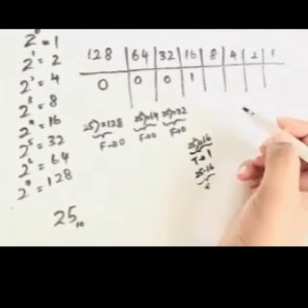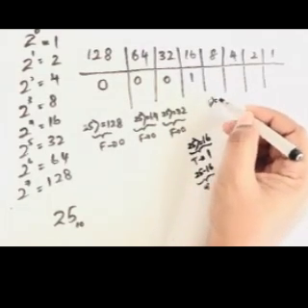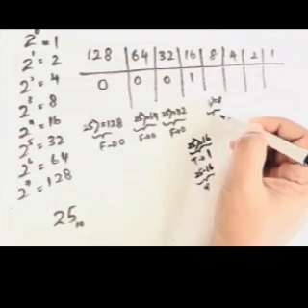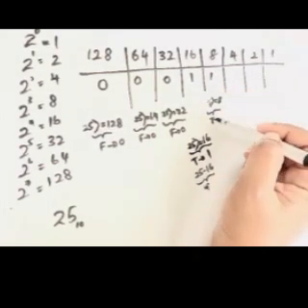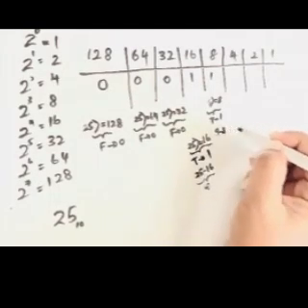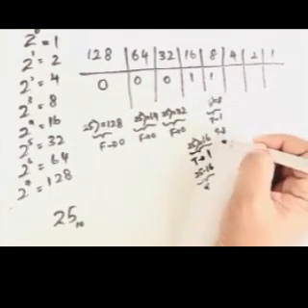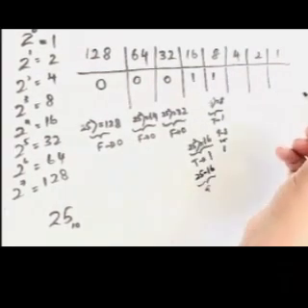The next one is I'm going to see whether 9 is greater than or equal to 8. The condition is true, so I'm going to put 1 here. Now the next thing is 9 minus 8. When I subtract 8 from 9, now 1 is going to continue through the table.